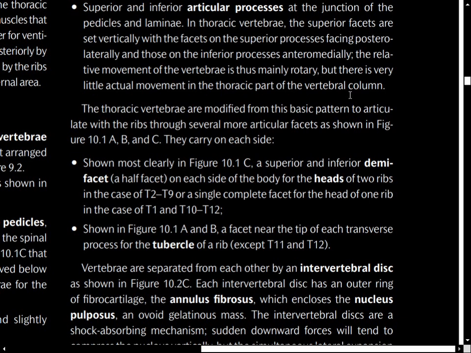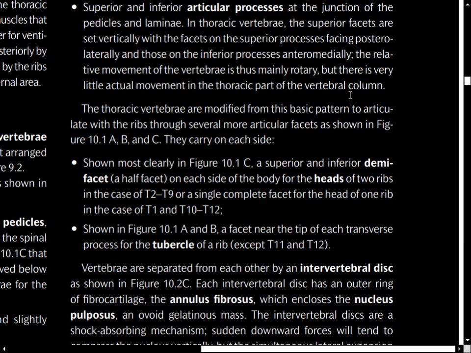Vertebrae are separated from each other by intervertebral discs. Each intervertebral disc has an outer ring of fibrocartilage, the annulus fibrosus, which encloses the nucleus pulposus, an ovoid gelatinous mass.